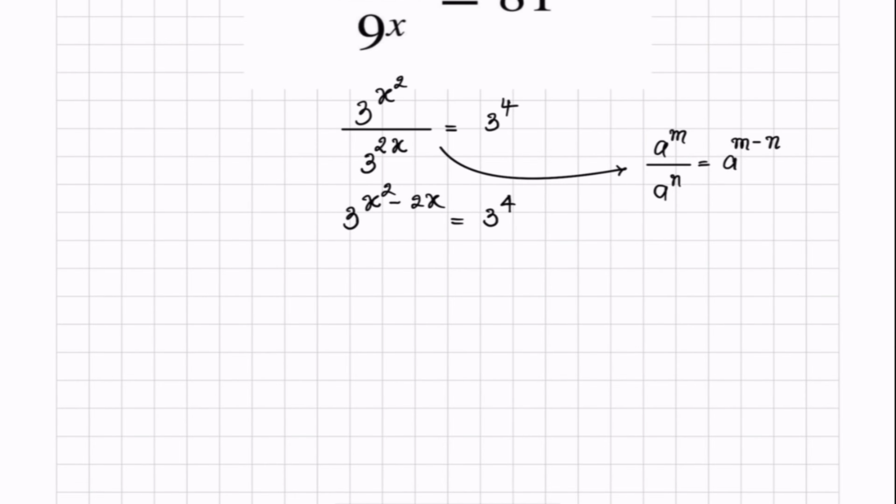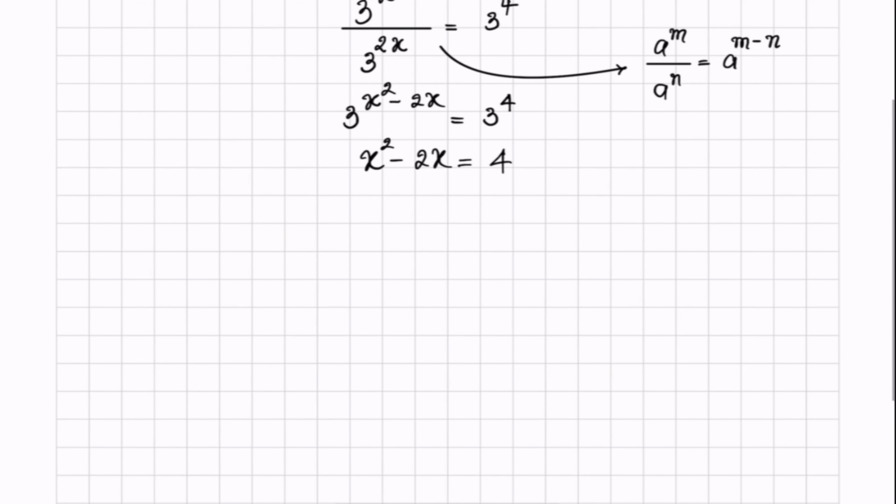So we can cancel the base and we got the power x square minus 2x equal to 4. Okay, and then we got x square minus 2x and then plus 1 equal to 1 plus 4. And then here we got x minus 1 raised to square, which is equal to 5.